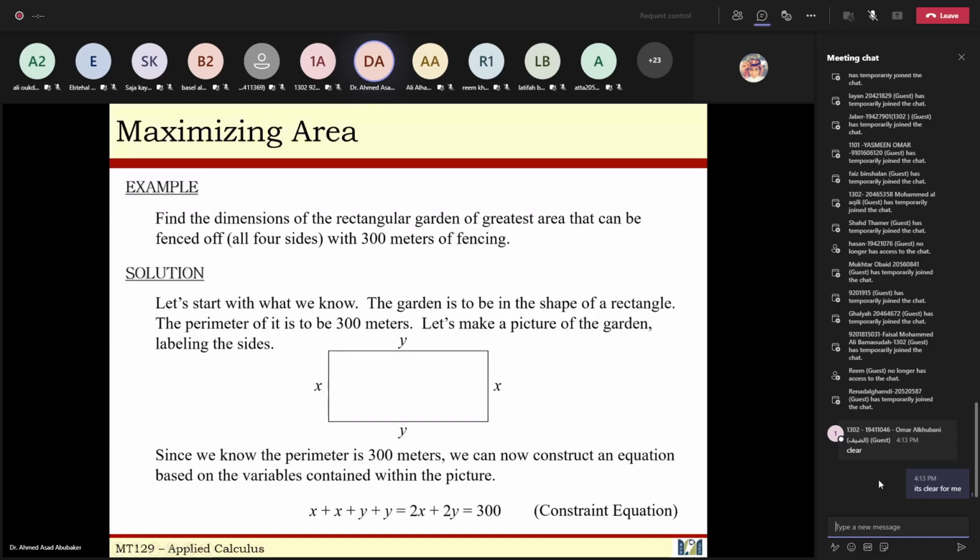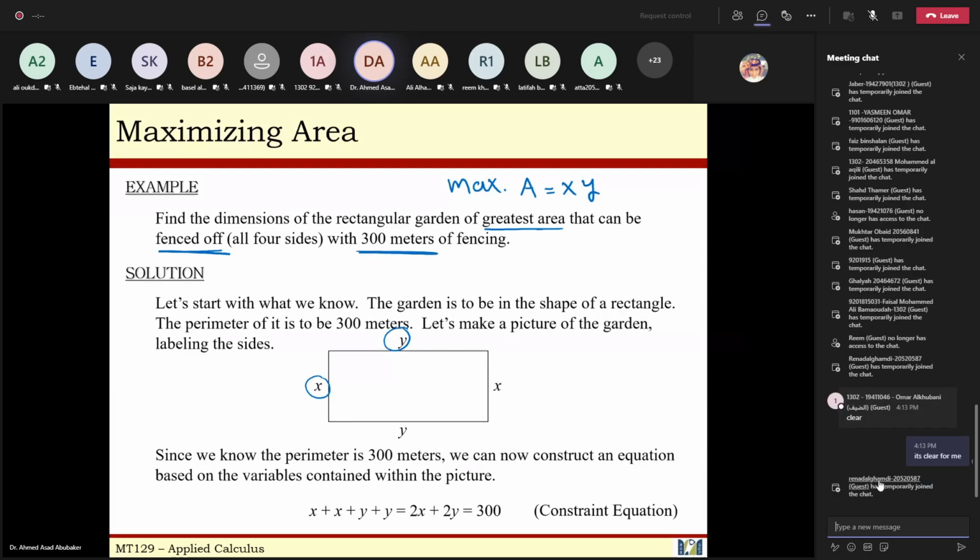The second example: find the dimensions of a rectangular garden, x and y, for greatest area. For a rectangle the area equals x multiplied by y, and greatest means maximum. It can be fenced with 300 meters.